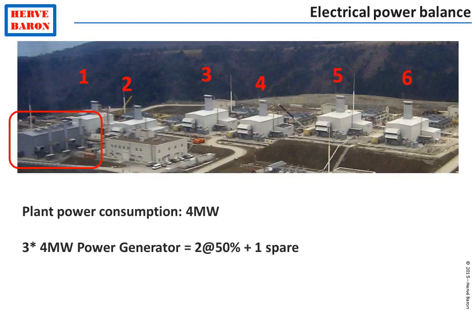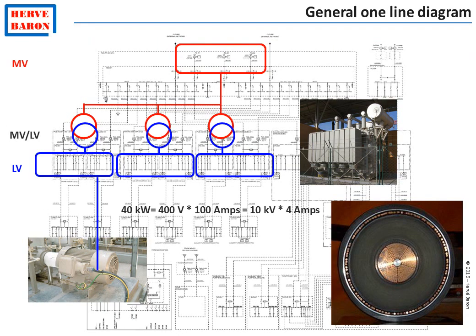The next step of the work of the electrical engineer is to define the power distribution. The electrical power supply to power consumers, such as pumps, is done at a low voltage. This is an industry standard and the voltage is 400 or 600 volts.